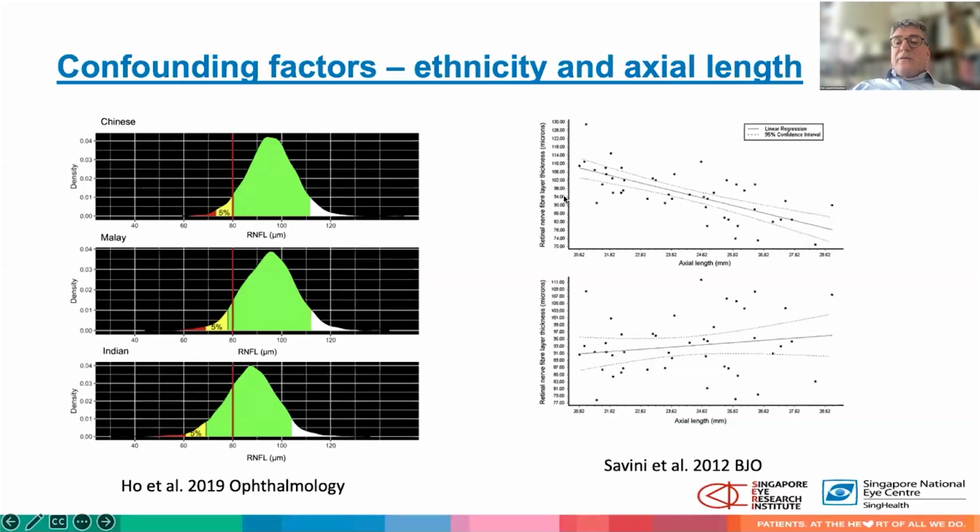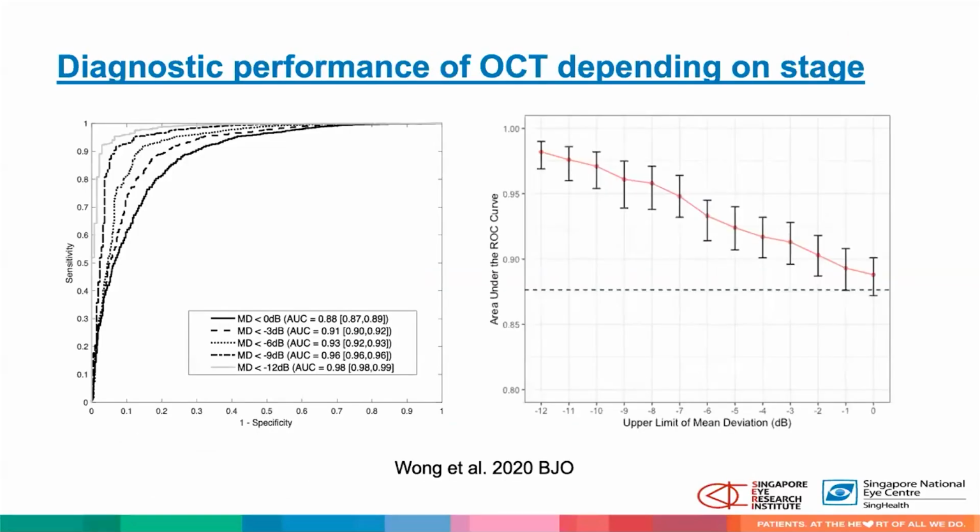The retinal nerve fiber layer thickness is the thinner, the longer the eye length. This needs to be considered in myopic and highly myopic eyes. And there is also something else, and this is definitely something that needs to be considered. You can correct for this potentially with magnification, but this is something that needs to be considered.